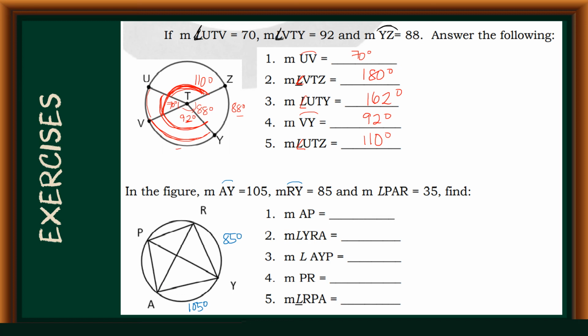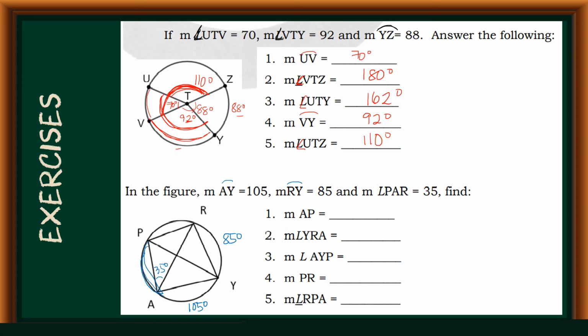And the measurement of angle PAR, where is PAR? This one, is 35. Let us find number 1, arc AP. Arc AP. This one. Yan.